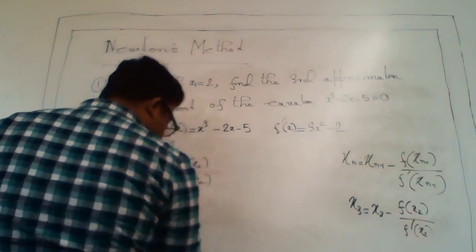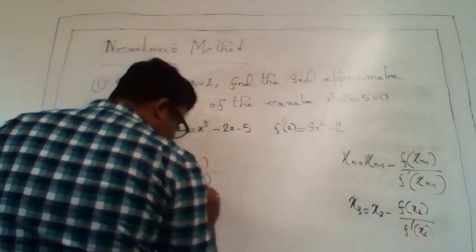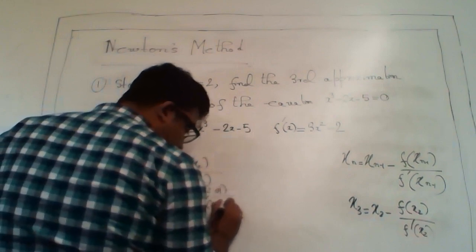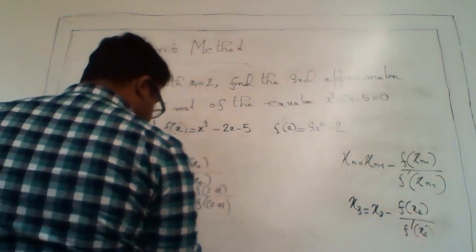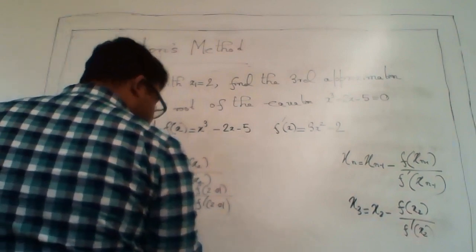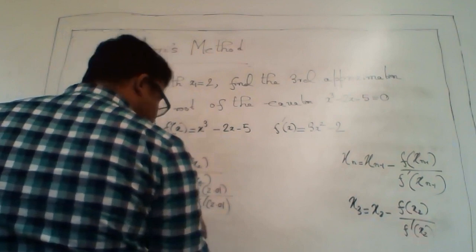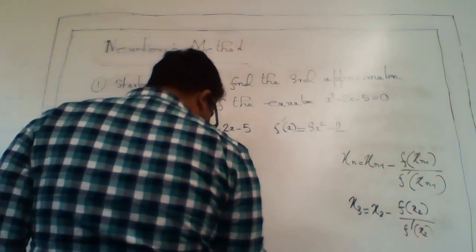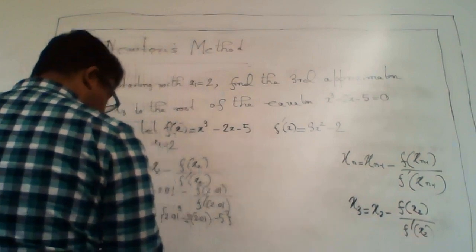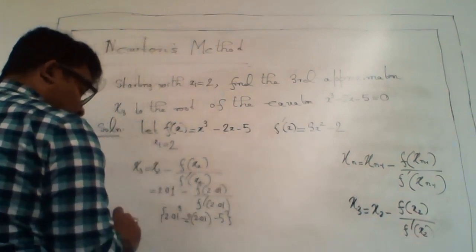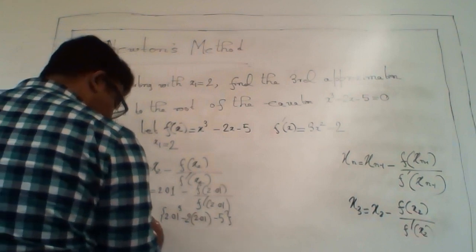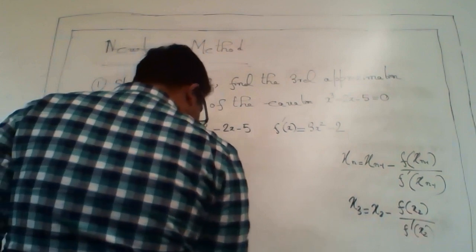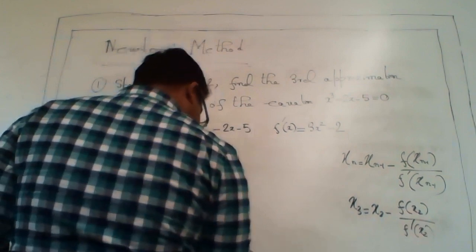So it will be 2.01 minus f of 2.01 divided by f prime 2.01. So it will be 2.01 whole cubed minus 2 times 2.01 minus 5 whole divided by 3 times 2.01 whole square minus 2.